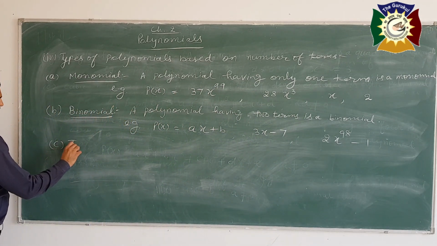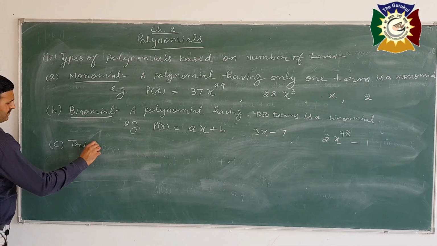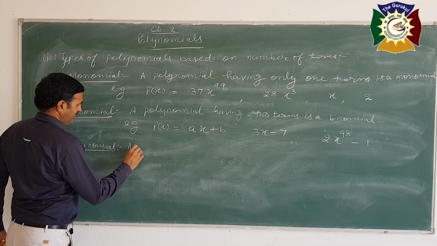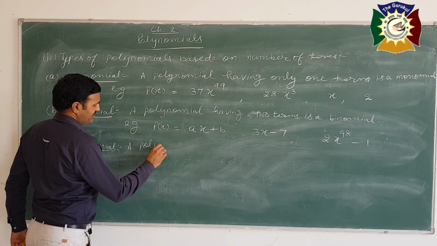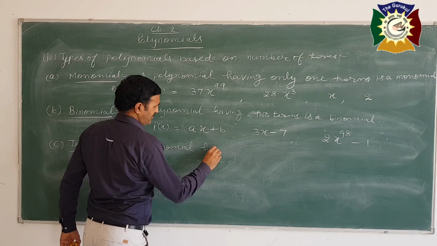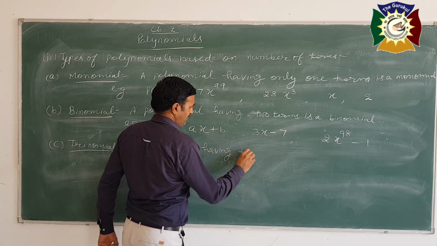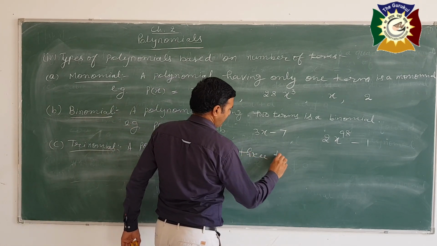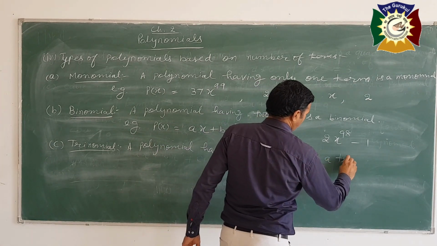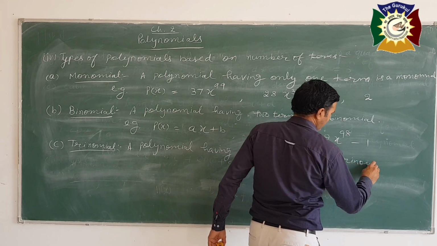C, trinomial. A polynomial having 3 terms is a trinomial.